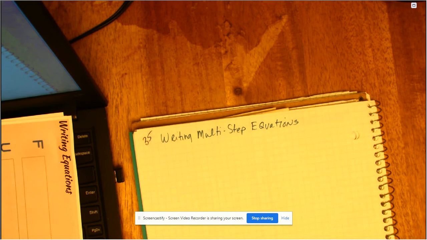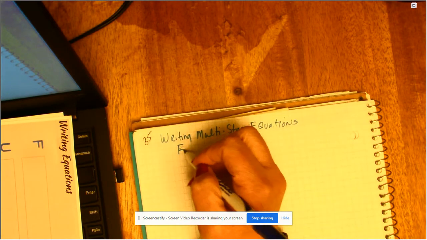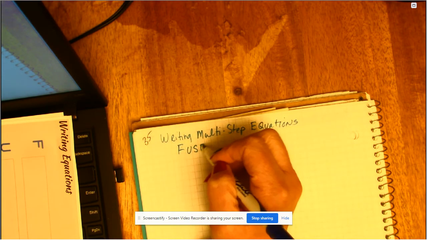Now, writing equations is very nuanced, right? Because you're not always going to see the exact same words that mean addition or subtraction, etc. So we like to employ something to help us really with our problem solving. We call that method FUSE. So we're going to be talking about the FUSE method.